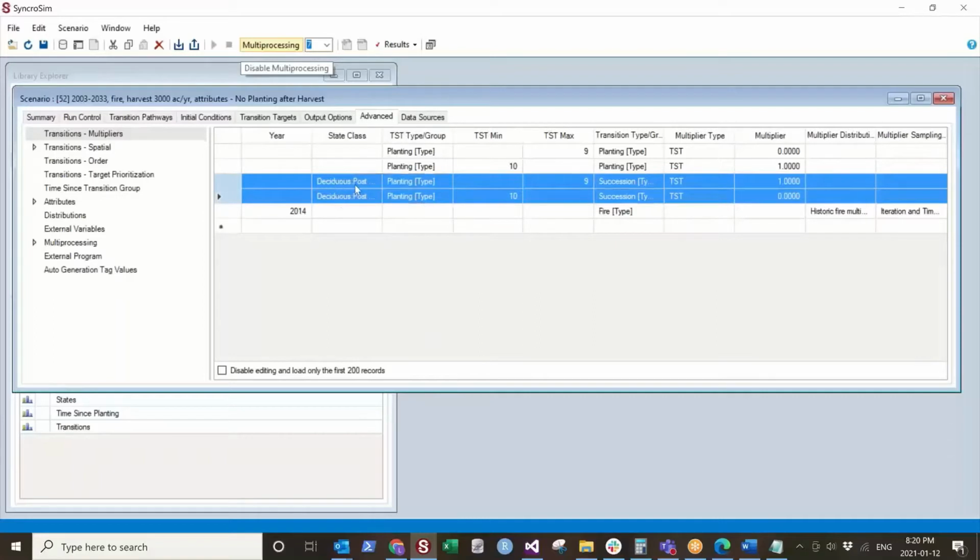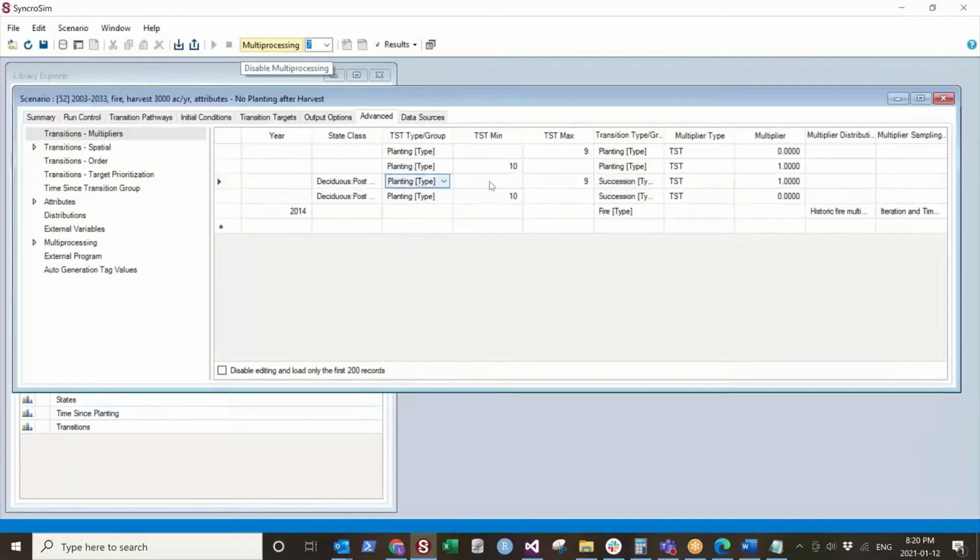deciduous post-harvest state class and you've had a planting transition, this is the time since transition group or type that we care about. If you've had planting within the last 9 years, so between 0 and 9 years prior to this, your succession probability gets multiplied by 1. In other words, we turn on the succession probability.